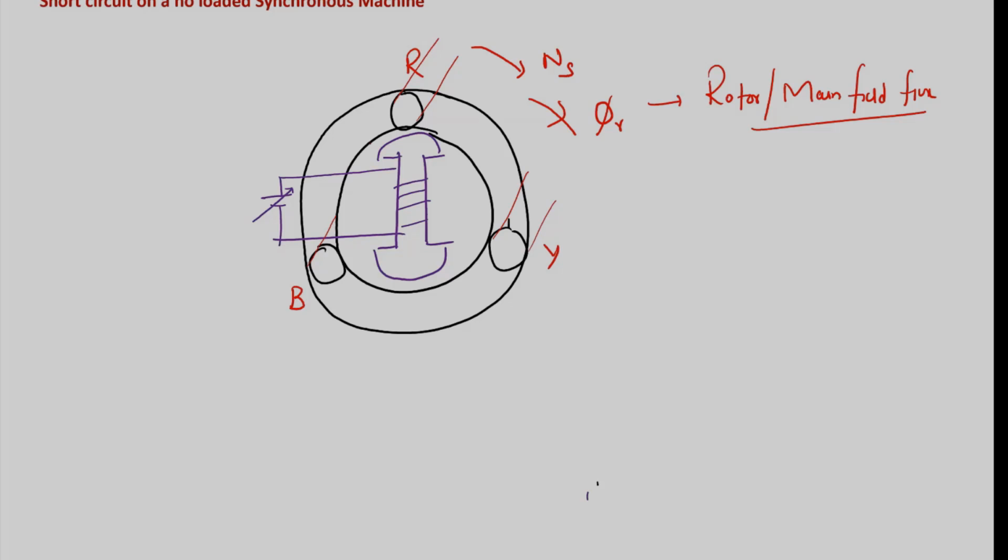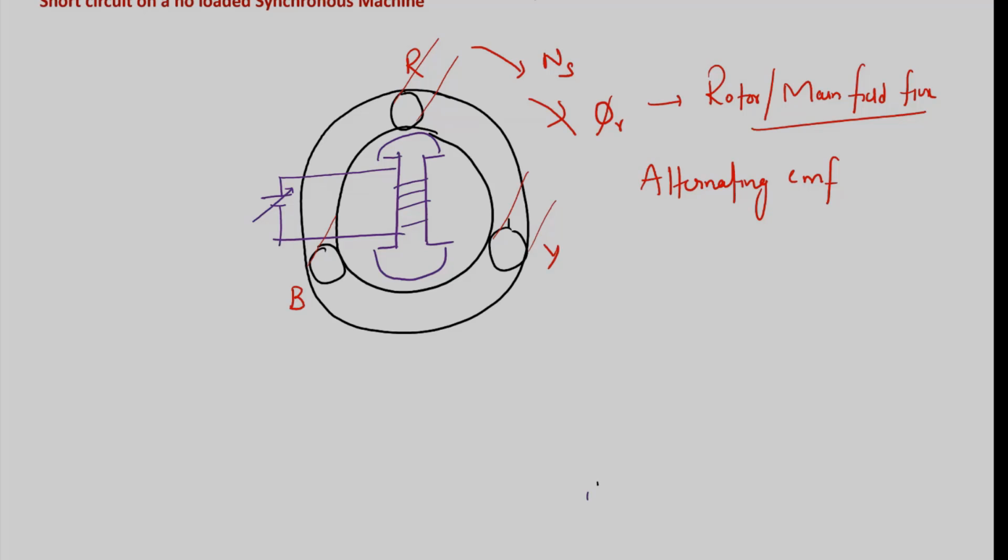So what kind of EMF is induced? An alternating EMF is induced, of the cosinusoidal form. Because of the cosinusoidal voltage induced in the stator conductors, depending upon the type of load connected to this alternator, cosinusoidal currents will flow through the stator windings.